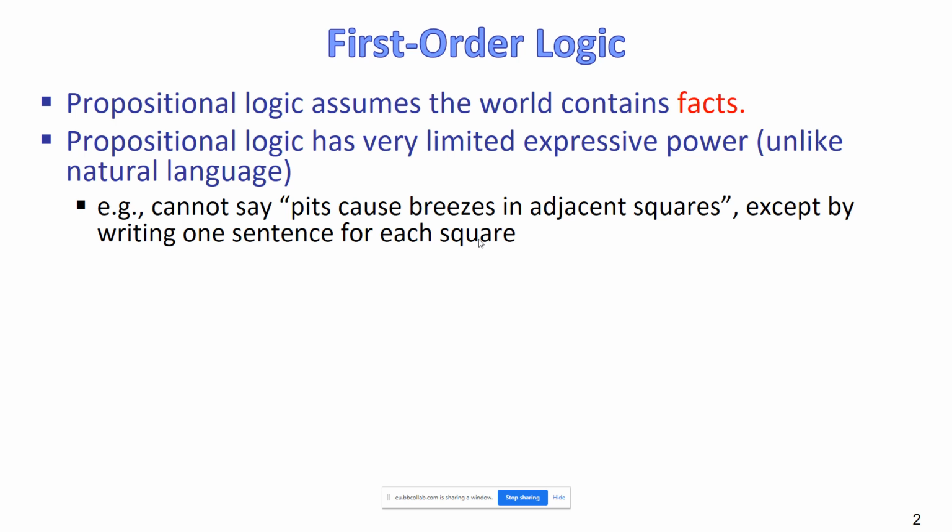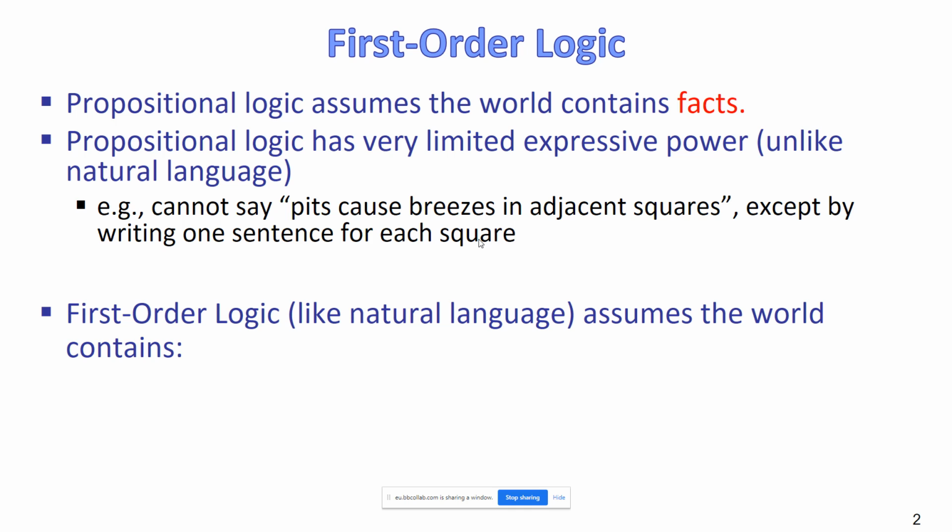Square 2, pits cause breezes in these specific squares, and so on. That's too much, of course, if I just want to say that generally pits cause breezes in adjacent squares. I can do that in first order logic, as you will see inshallah later in this lecture or next lecture.